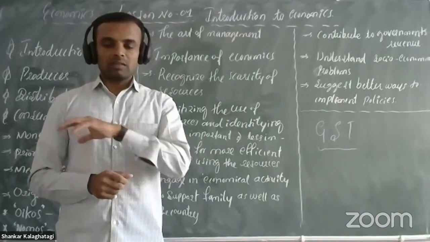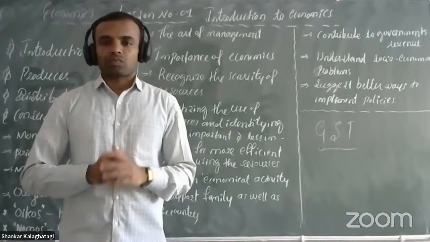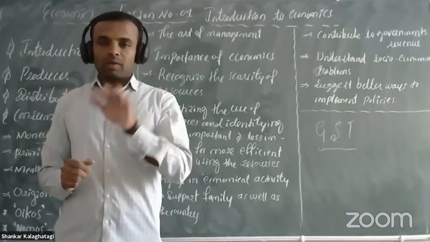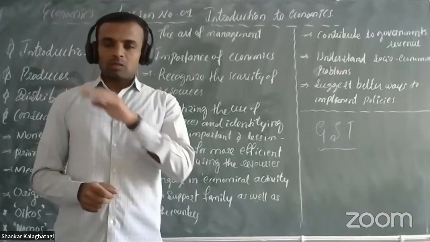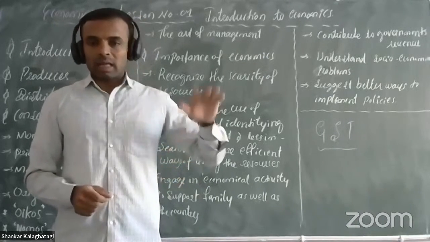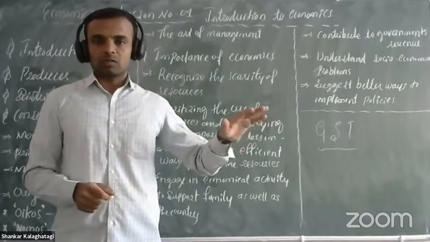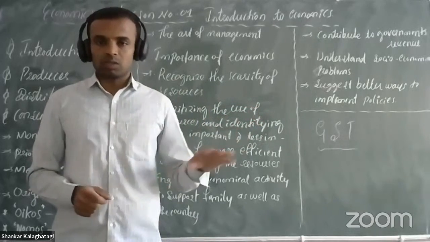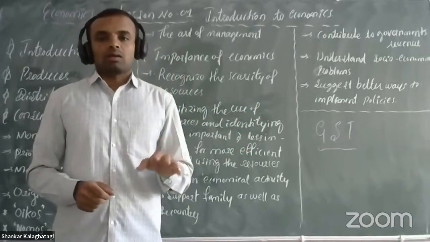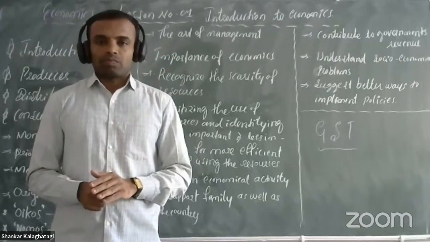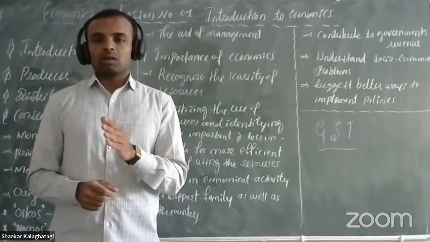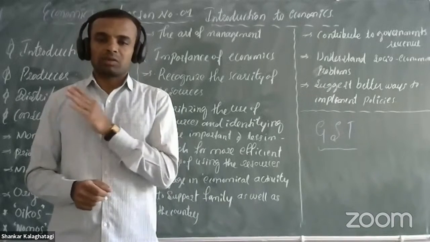In all these economic activities, these three play a very important role. And all three carry out their activities, goods and services, or consumption, using money or currency. Without that, we cannot imagine economic activities.